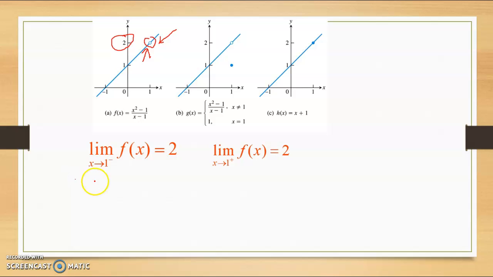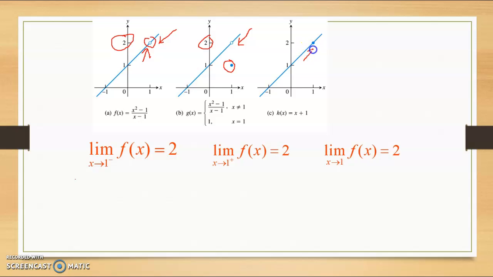For the second graph, we only look at the right side, and we don't need to worry about the rest. Approaching from this side, the limit value is also equal to 2. The last one, we can see what happens at 1.